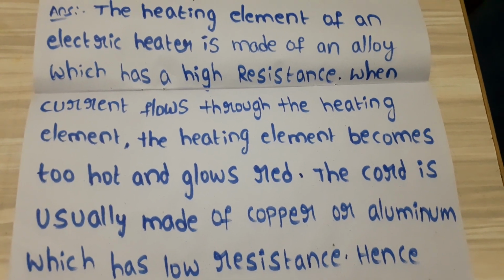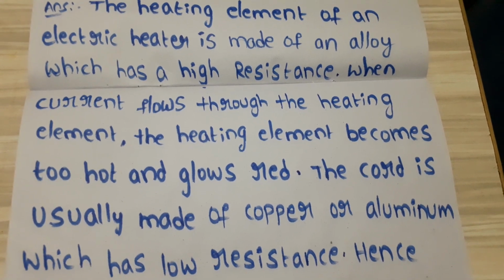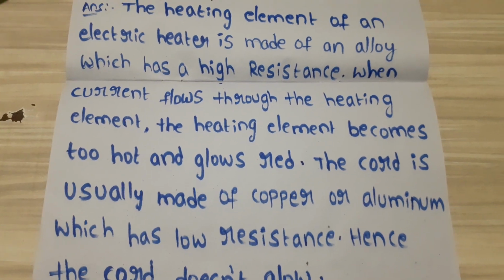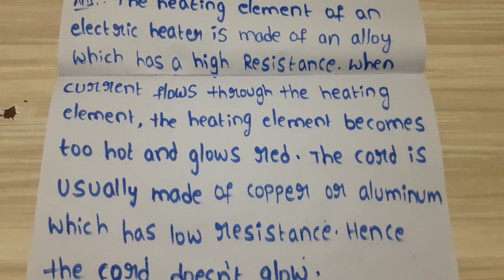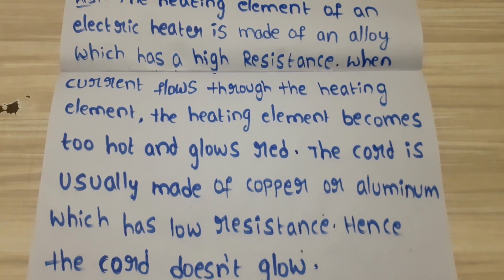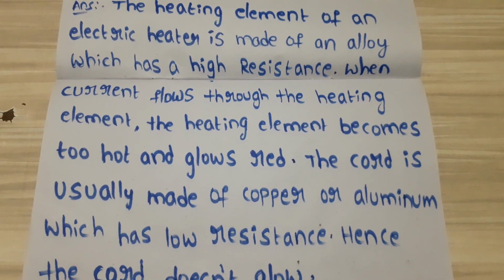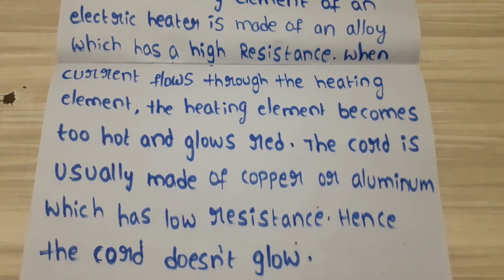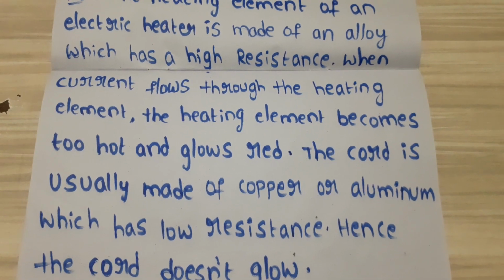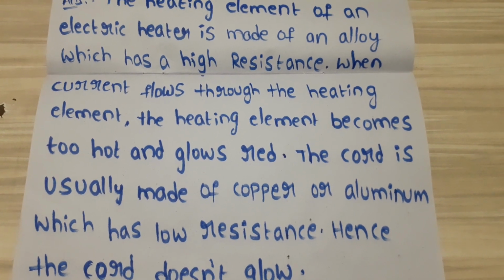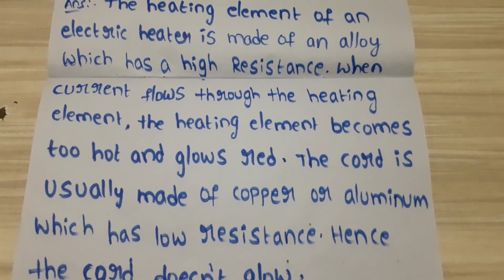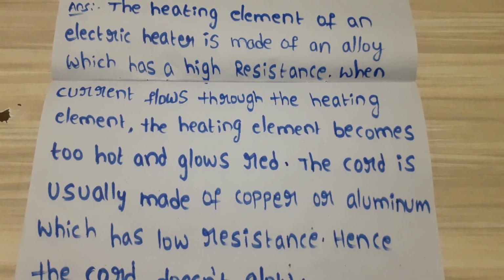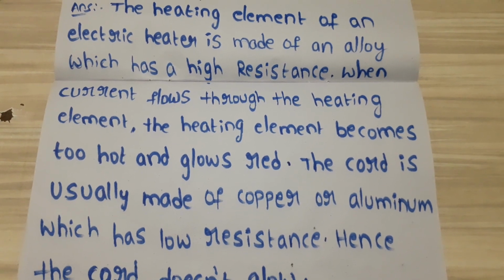Answer: the heating element of an electrical heater is made up of an alloy. An alloy has high resistance, so it will produce more heat and glow.